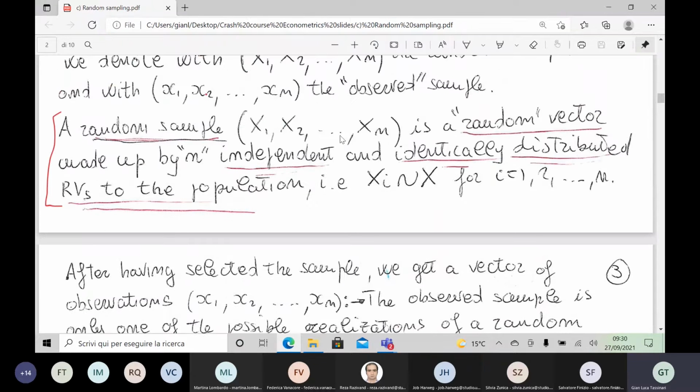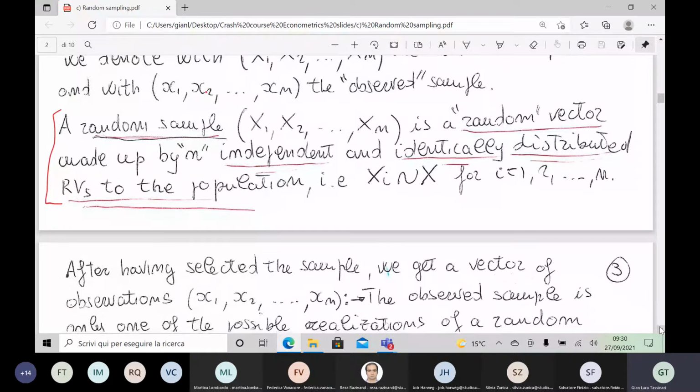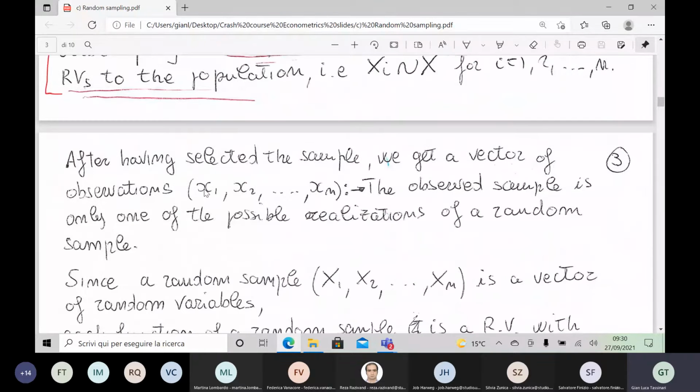This time suppose you get female, male, etc. The second time, if you select another sample in the same fashion, you can get, for example, male, female, etc. So the observed sample is only one of all the possible realizations of a random sample.